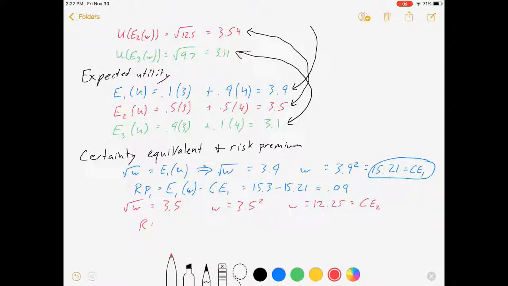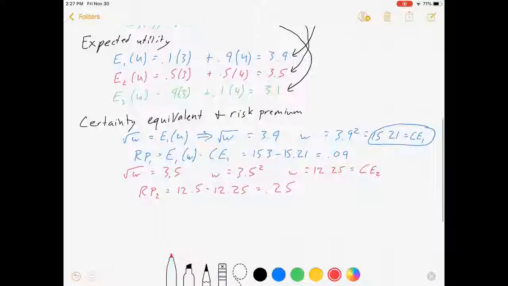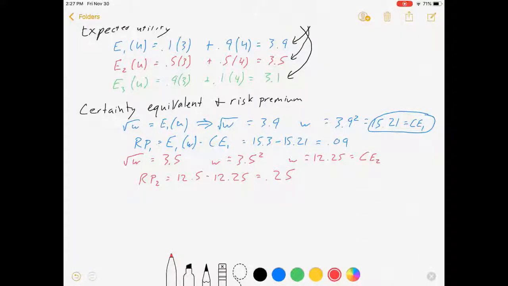So if I want to get the risk premium, I take my expected value under distribution 2 and subtract the certainty equivalent. And I see that this person is willing to give up 25 cents to avoid the gamble under this distribution with the 50-50.